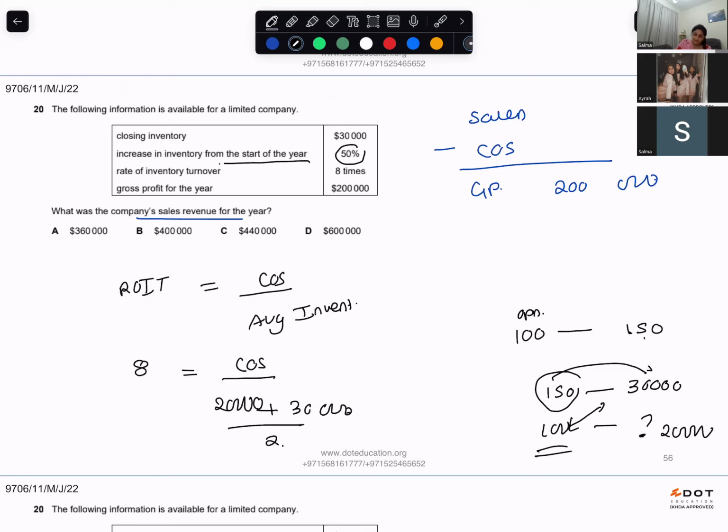So average inventory is 25,000. So cost of sales is 25,000 into 8, 200,000. Cost of sales is 200,000. So sales will be 400,000. Option B.